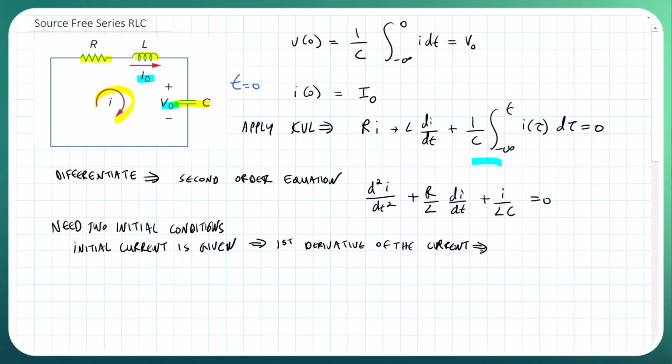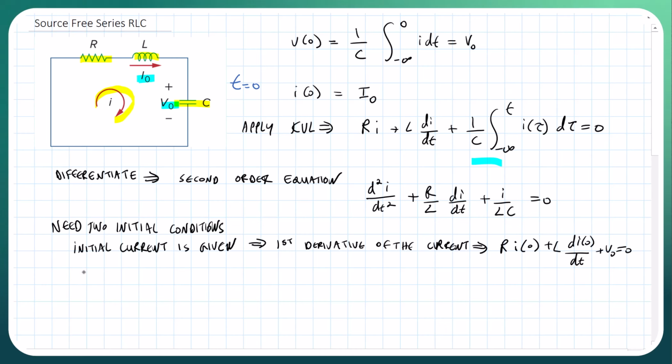And if we solve this, we say R I of 0 plus L di(0)/dt plus V0 equals 0.